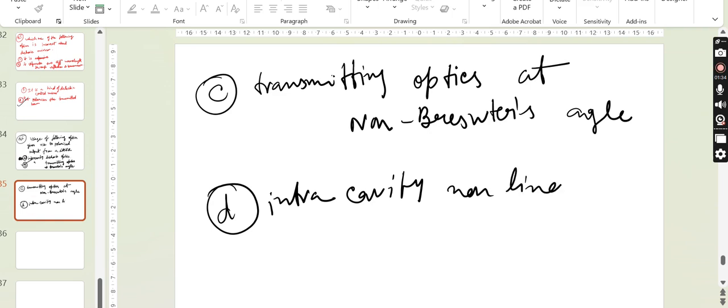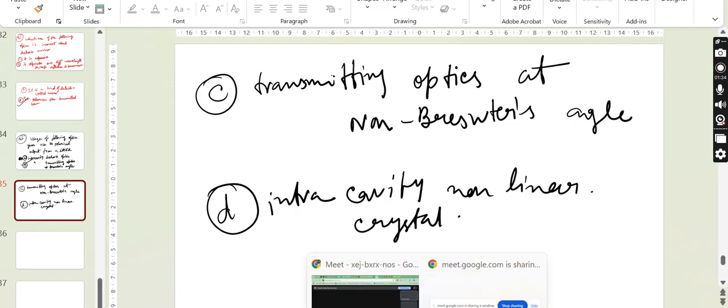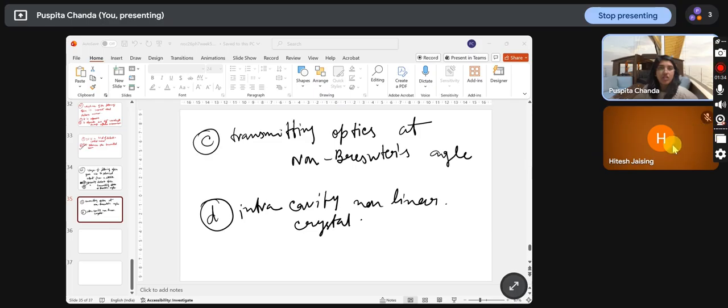Intracavity nonlinear crystal can give rise to two polarization states from a normal ray, but it doesn't give only one polarization.